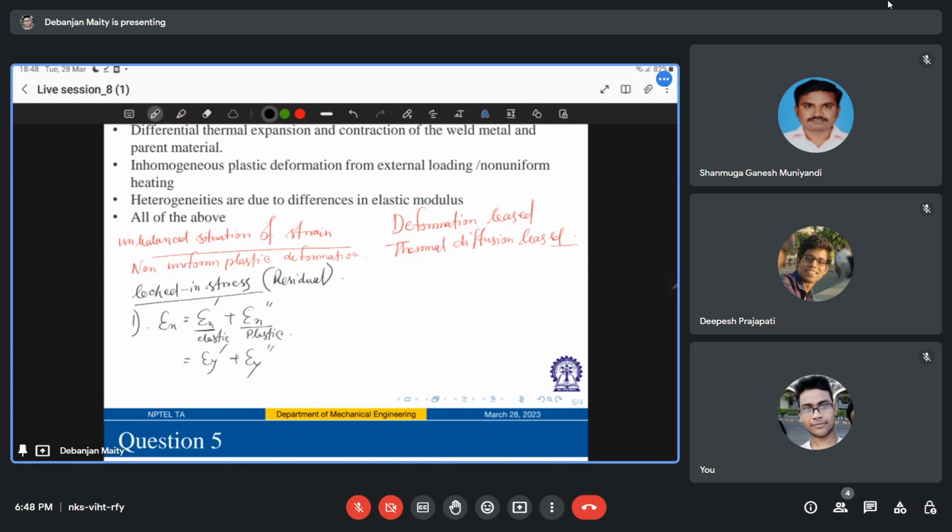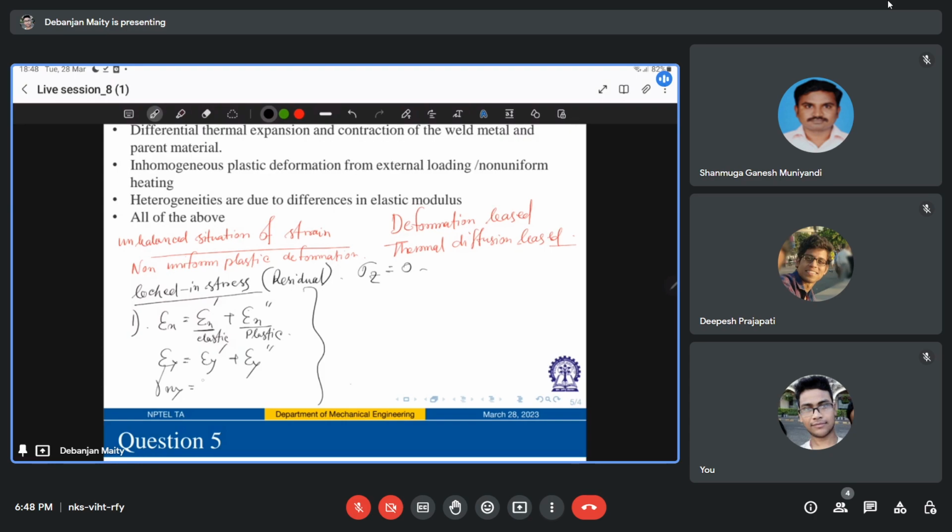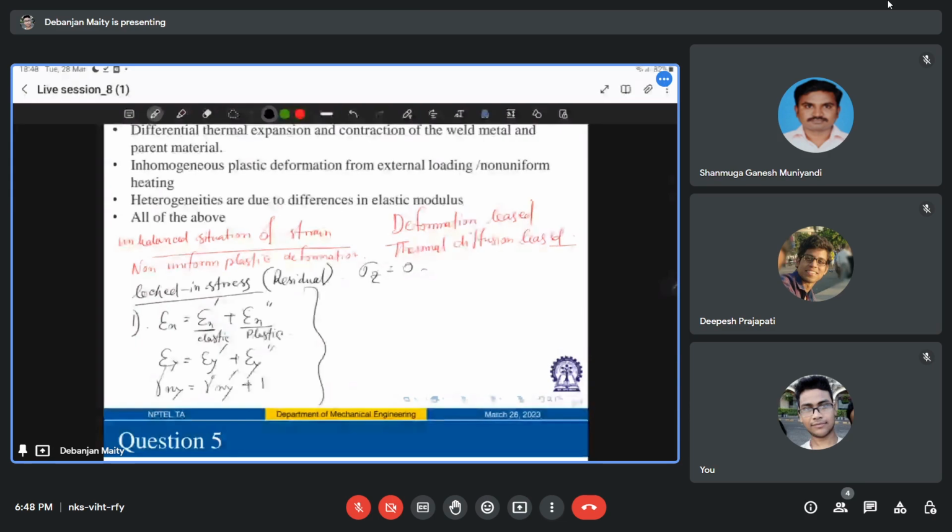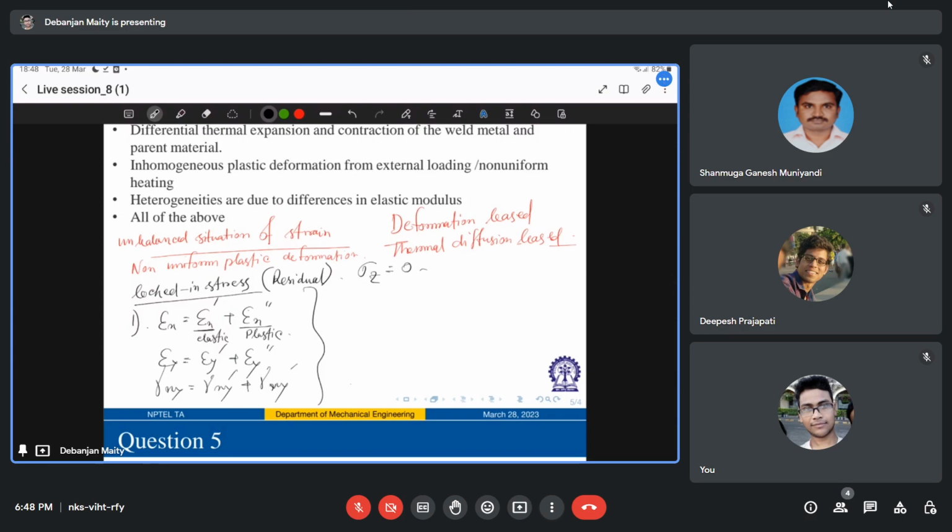And then what will be the shear one? Here I am talking about the plane strain condition, or 2D. So in the thickness direction, I'm assuming sigma z equal to 0. This will also be elastic plus plastic portion. Then if we apply Hooke's law to the elastic strain, what is epsilon x?